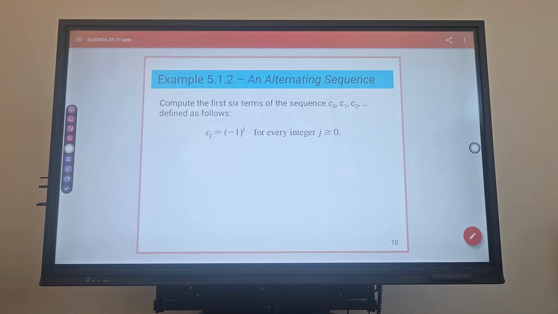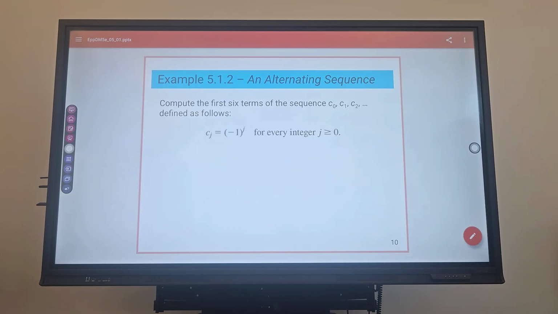Compute the first 6 terms of the sequence C, defined as C sub j equals minus 1 to the jth power, for every integer j greater than or equal to 0. Minus 1 to the 0 would be 1. Minus 1 to the first power would be minus 1.